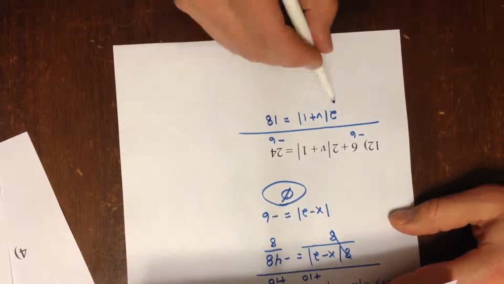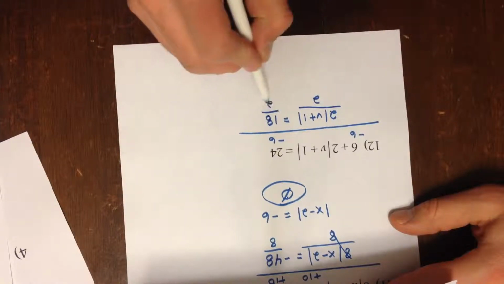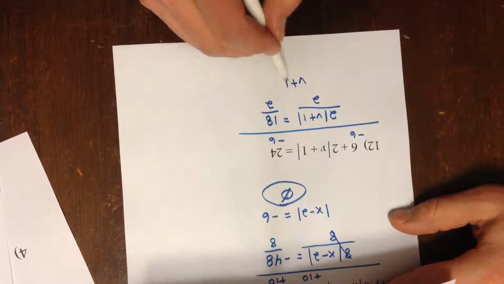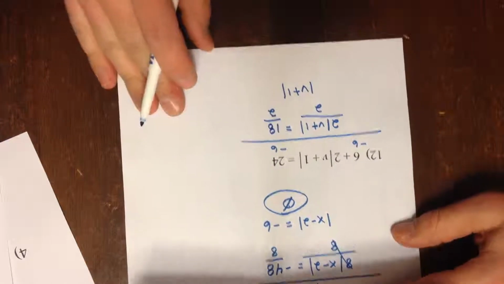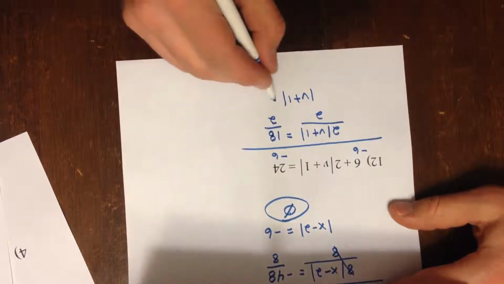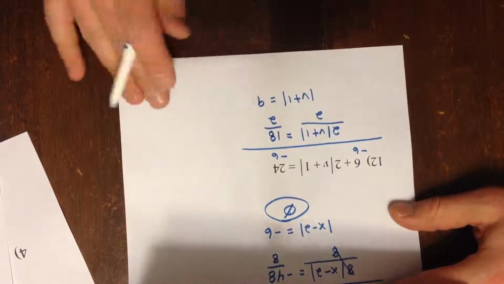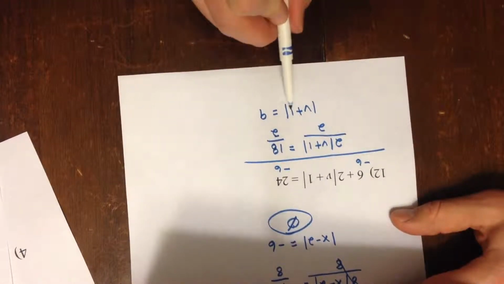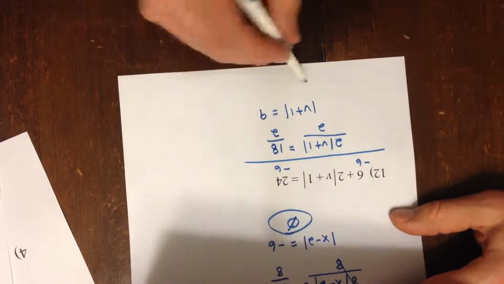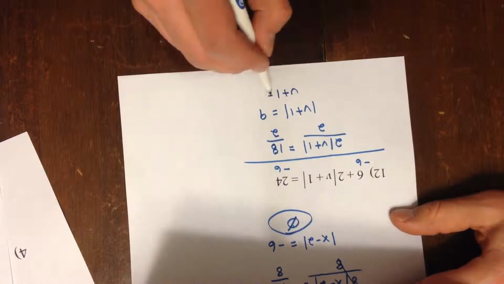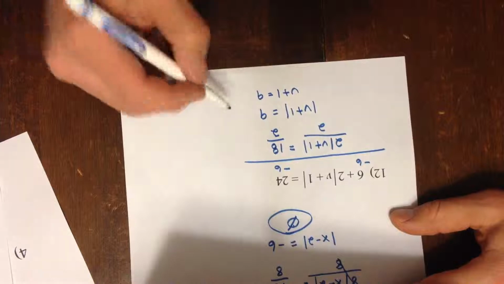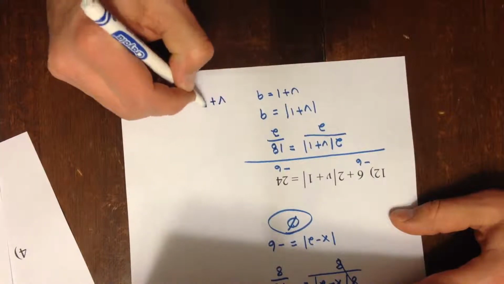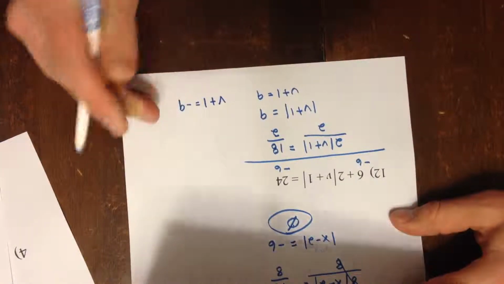And you get 18, and then I have to divide by 2. And I get v plus 1 equals 9. So you can probably guess what one of the answers is. 8 plus 1 gives you 9. To get that, I could set that up and solve it. It's pretty simple. Or I could do v plus 1 equals negative 9.